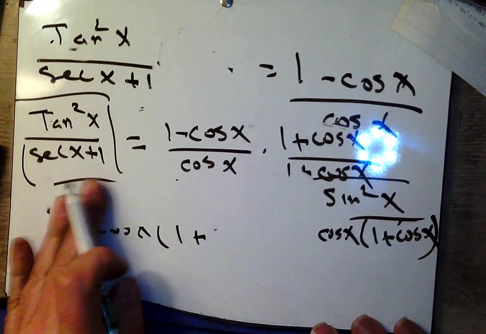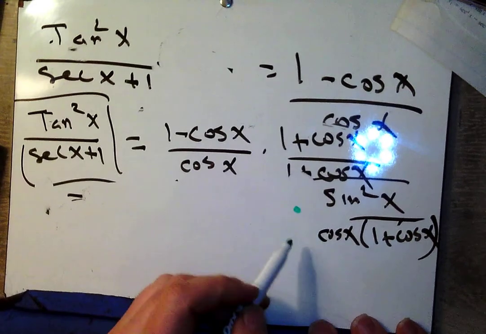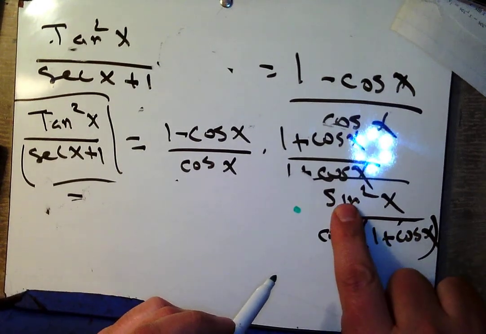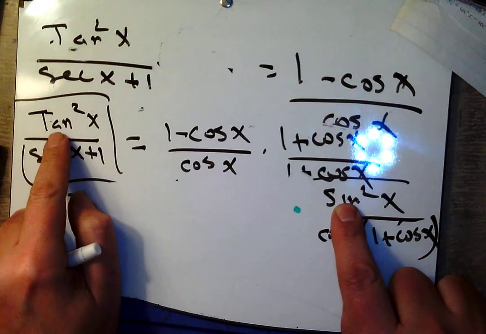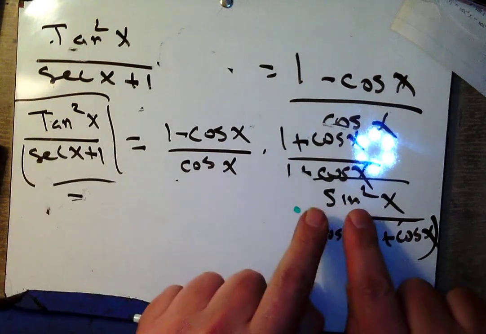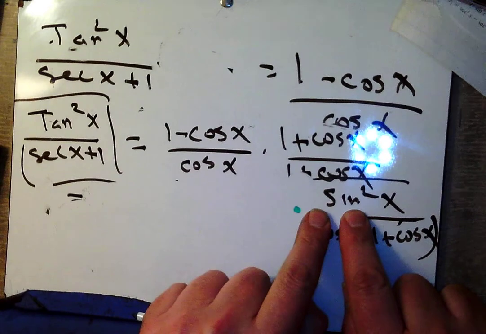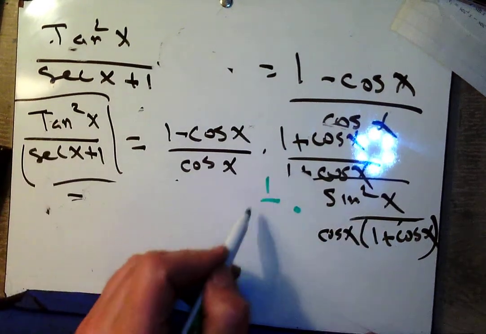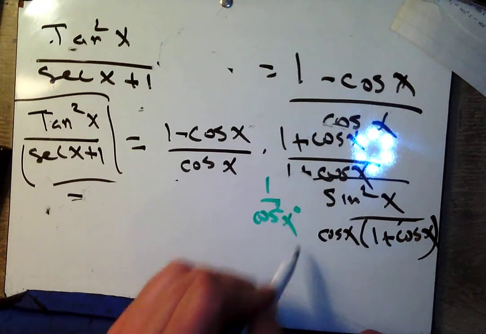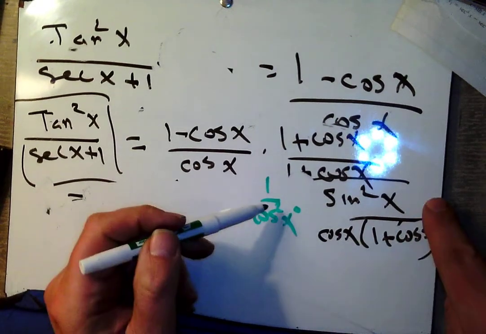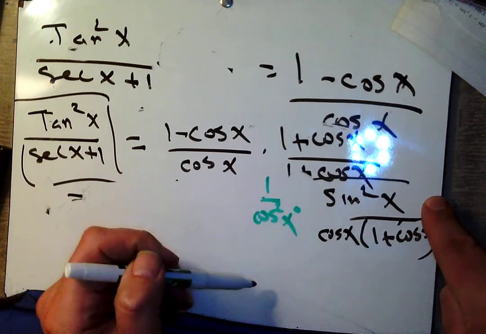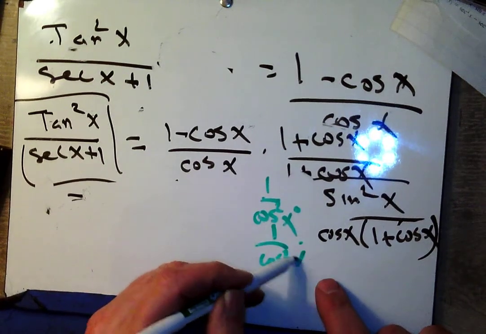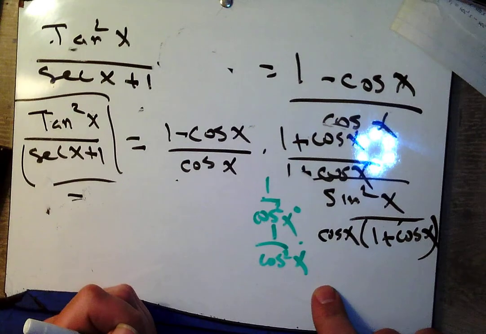What I would need to do is multiply the top by, well, let me ask you. I've got sine squared over 1. I want tangent squared. What do I have to multiply sine squared over 1 by to turn into tangent squared? Well, I need to use 1 over cosine squared. You can't just multiply the top by 1 over cosine squared unless at the same time I multiply the bottom by 1 over cosine squared.